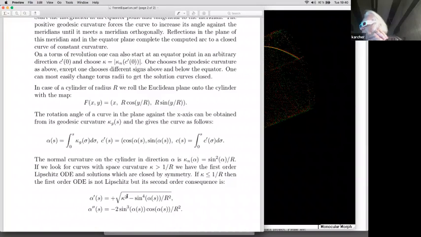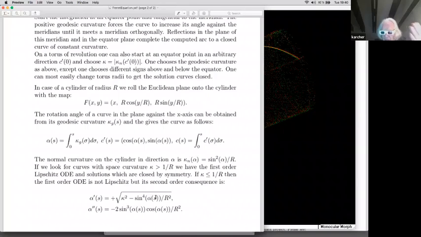And in fact, you get other solutions, namely that first order equation has the constant solution equal to 1. And that is the same here.